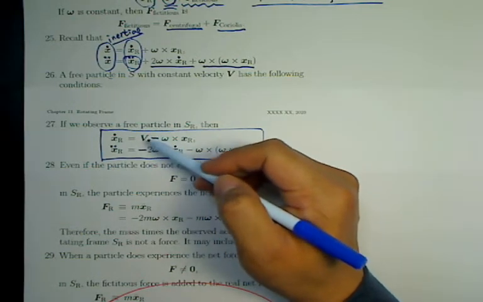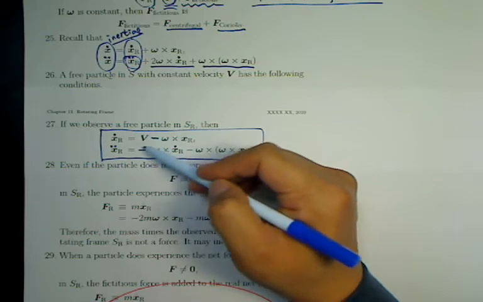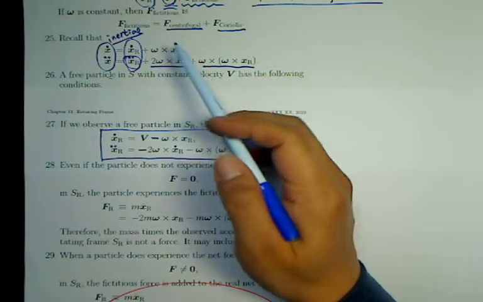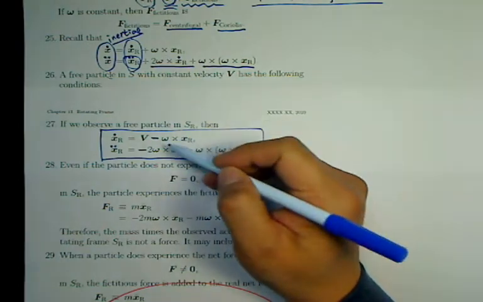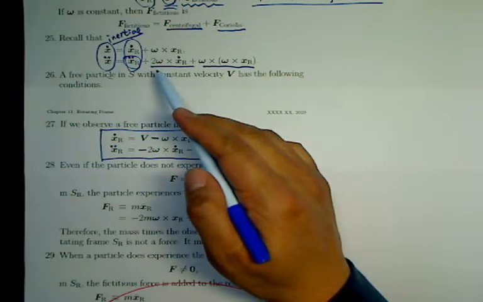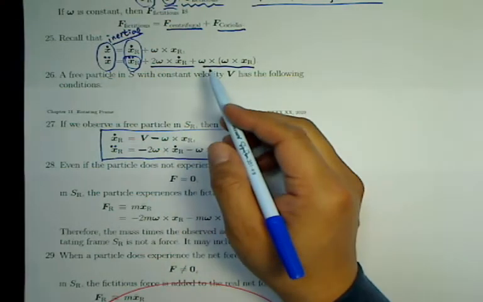If the origin of the rotating frame moves, that velocity should be included, and the velocity due to the axis of rotation appears here with a negative sign, and we have -2 and this is minus.